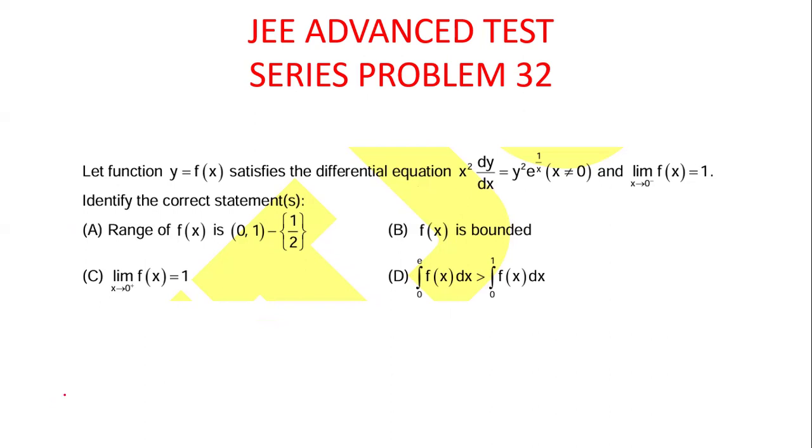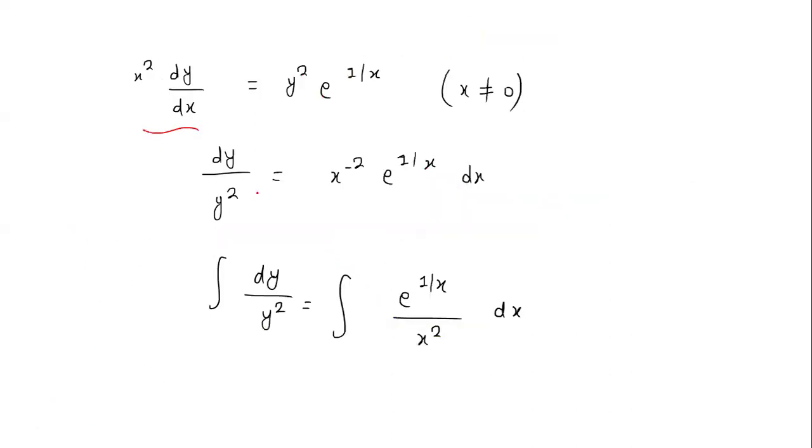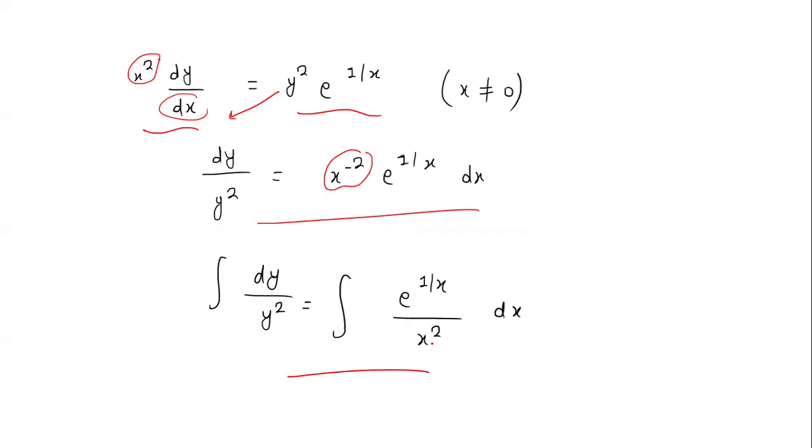First of all, you see we have this differential equation, which is x square multiplied by dy by dx is equal to y square multiplied by e raised to power 1 by x. So what you can do, you can take this y square to the left hand side and this x square and dx to the right hand side, and you will have this. Then you can integrate both the sides, and you can write this x power minus 2 as 1 by x square.